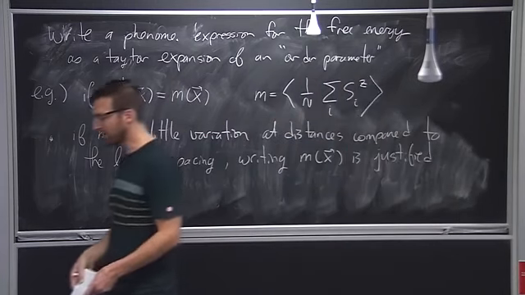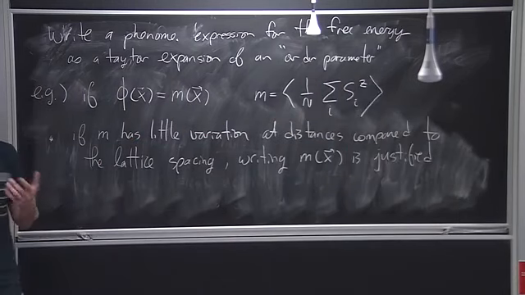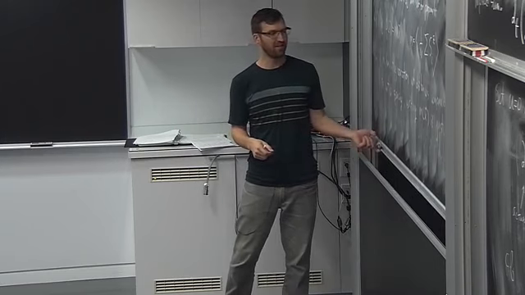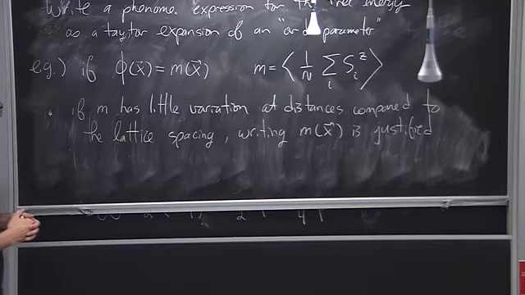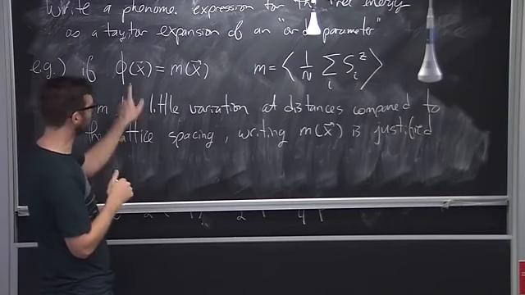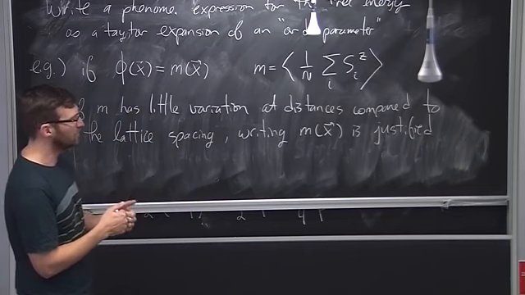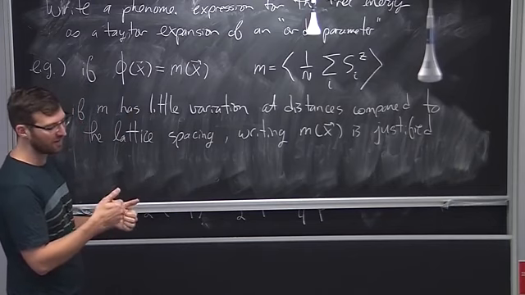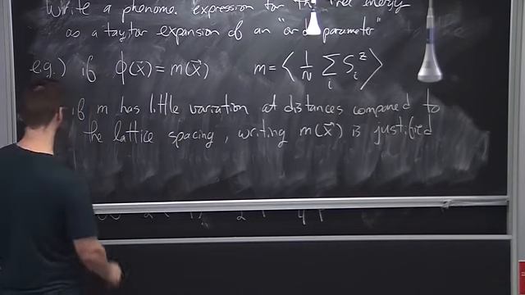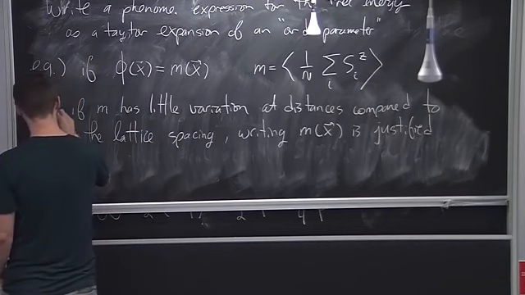So the idea of having a continuum theory is really only justified in the case where the variations of the average magnetization, which is like your field, are long compared to the lattice length. So it's not something that's completely controlled by lattice length scale physics. And you have to think about why that would be justified.